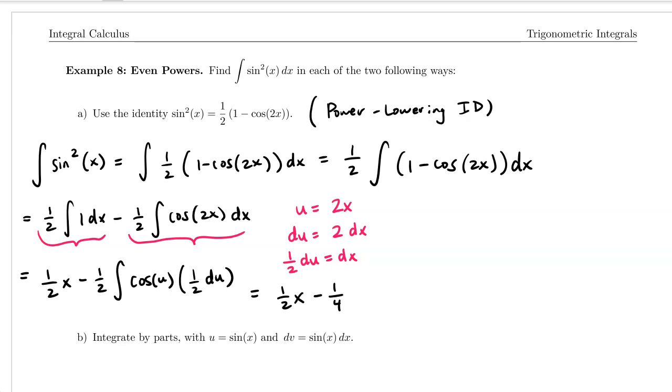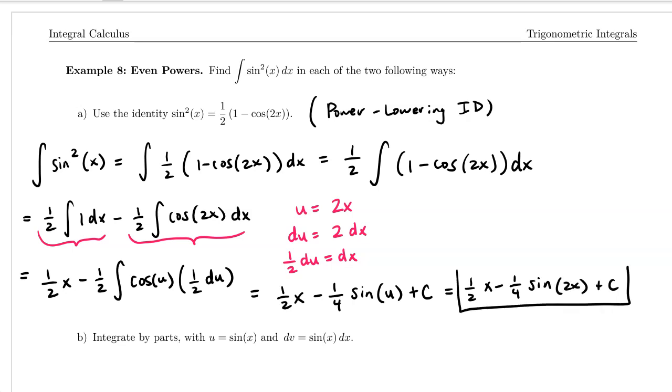I'm going to pull out the 1/2 and multiply 1/2 times 1/2. That gives me 1/4. And then we have sine of u plus our constant of integration. And then we just want to go ahead and replace u. And there's our final answer.